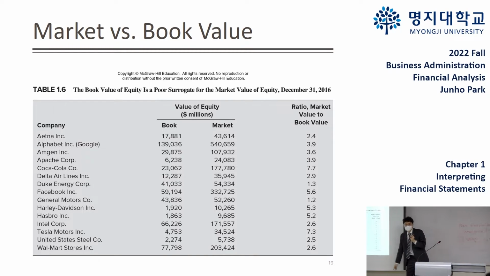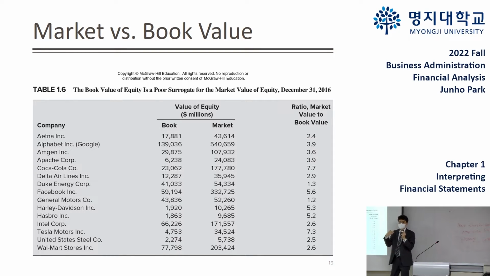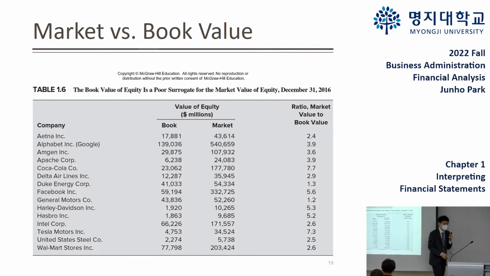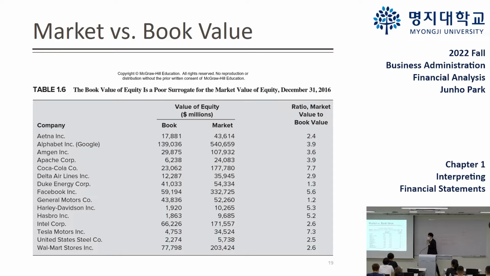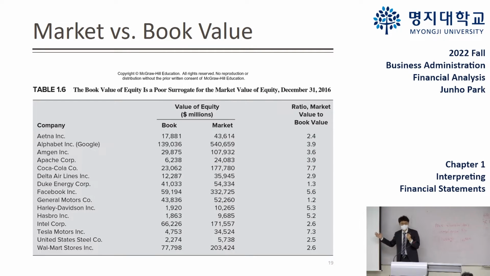This is generally because people are thinking about the future of the company. For example, Google will dominate the search engine industry, and Coca-Cola will continue to be the number one seller of sodas, and also Delta Airlines will be one of the largest airline companies in the United States.